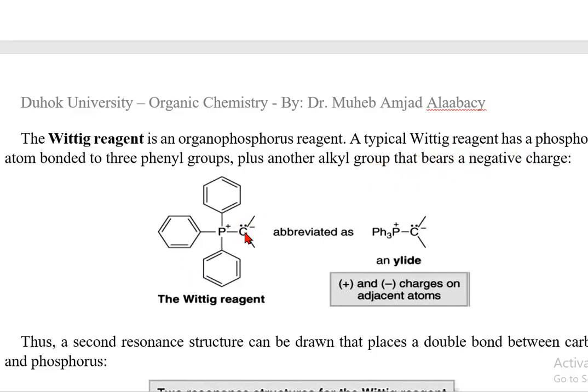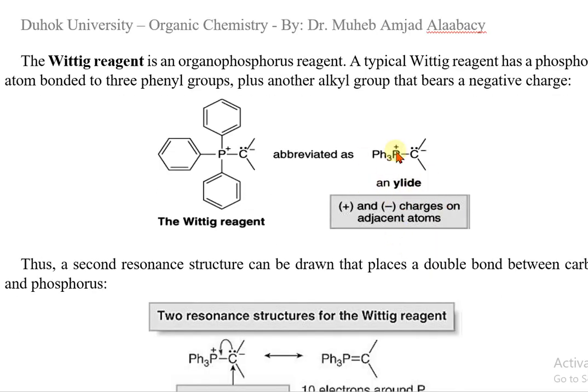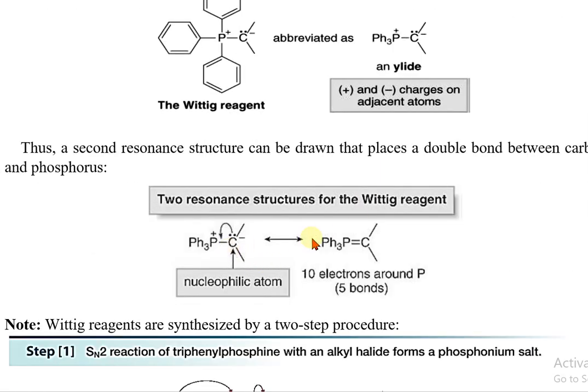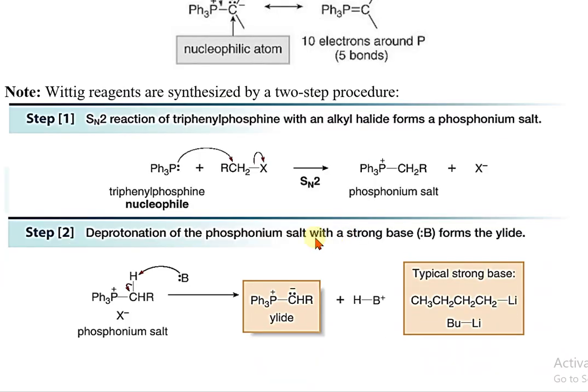It can be written again in this figure: phenyl, Ph3P, carbon minus, and we have two resonance structures for this ylide. We have this, and we have this, where a double bond is made here to give you the second resonance structure.